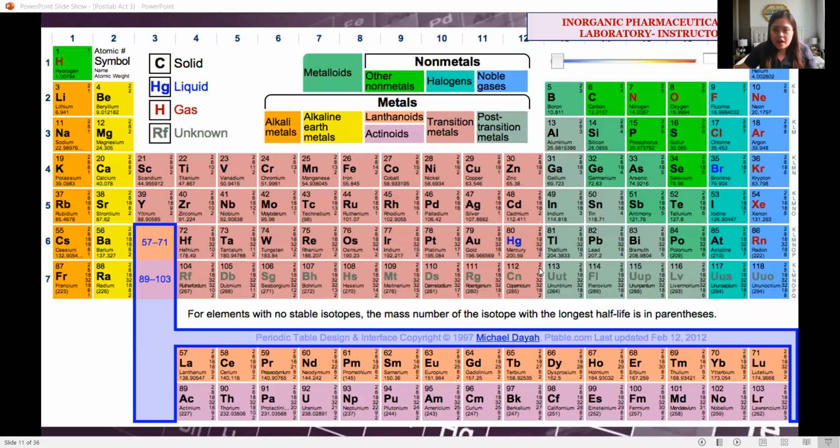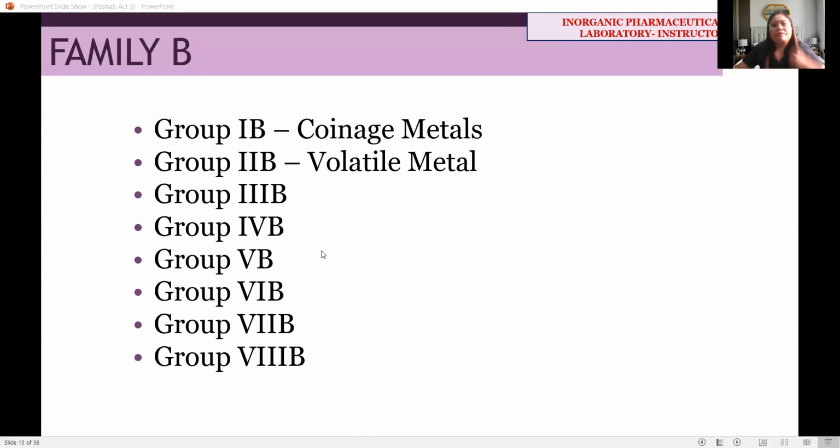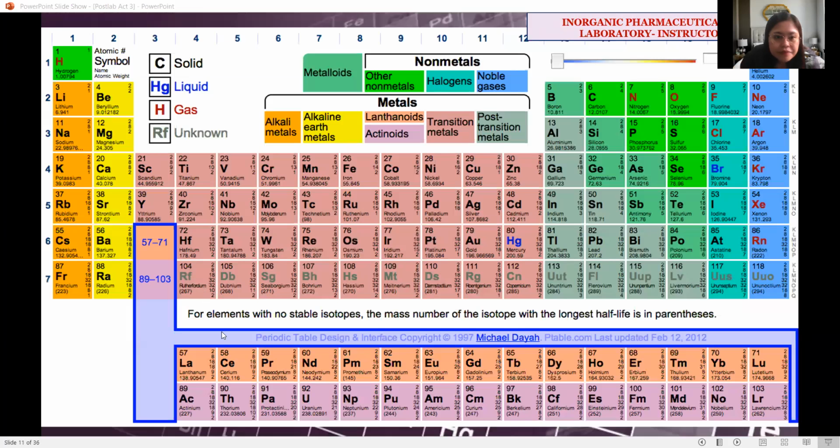Their arrangement is reversed when it comes to family B. This one is... where is it? We have here the 1B. Oh, it's not clear. And this is the 2B here. Then you go back here to 3B, heading this way. That is their arrangement.